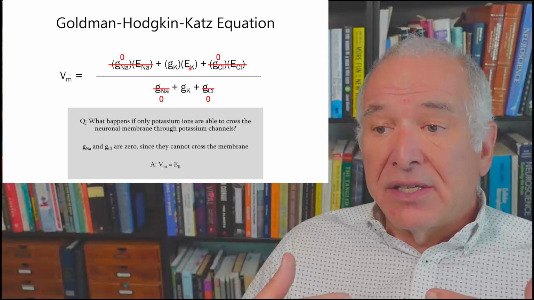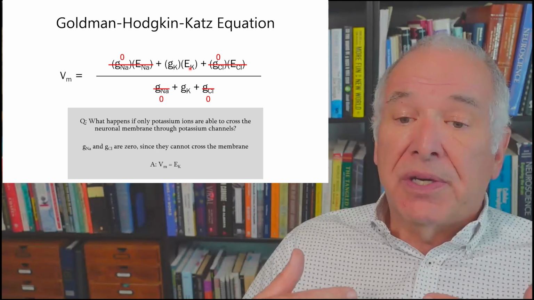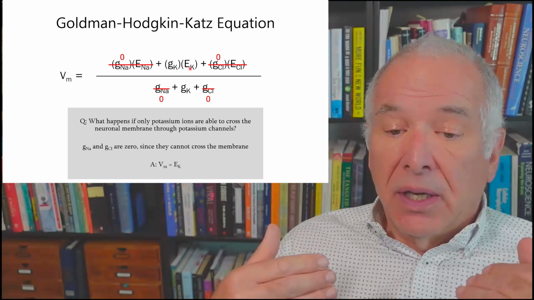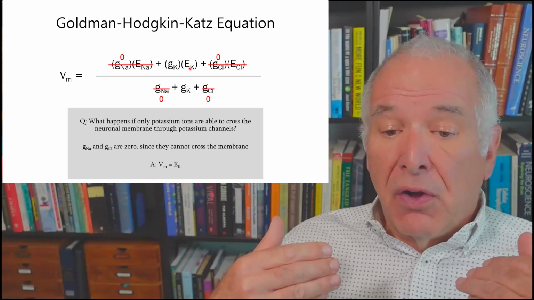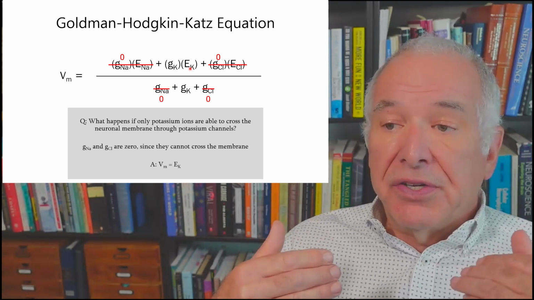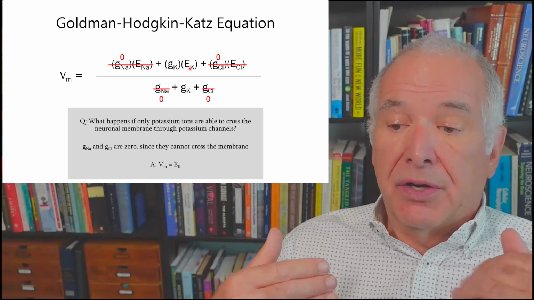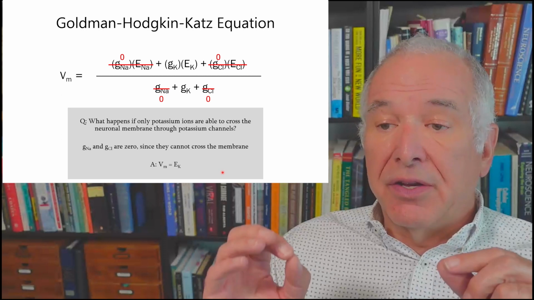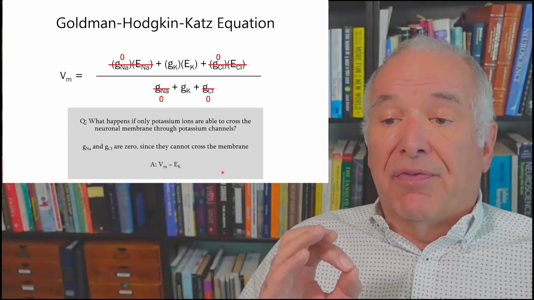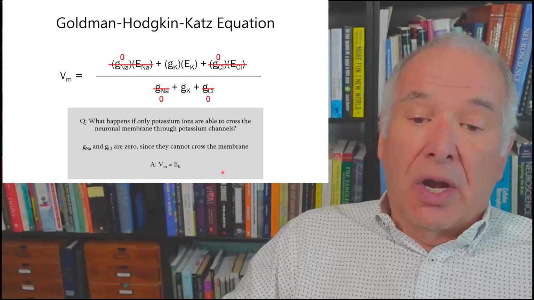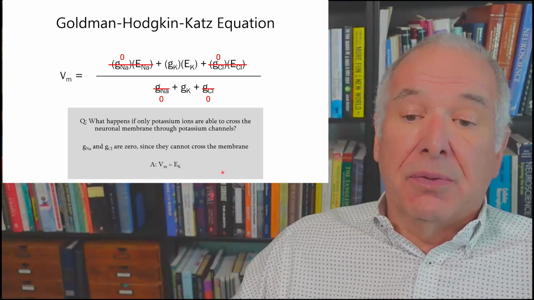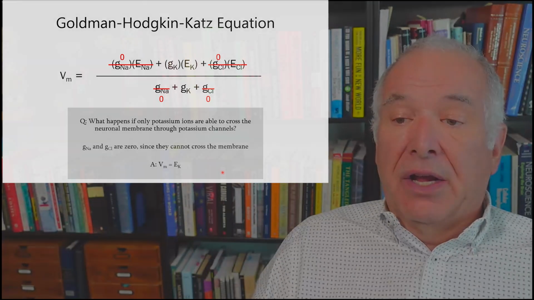And it makes sense that if the only thing that can move is potassium, that potassium reaches the potassium equilibrium, and so therefore the voltage on the membrane reaches the potassium equilibrium potential. So V_M equals E_K. That's what this simplifies to, and we're going to use that simplifying assumption as we look at the analysis of the resting potential and the analysis of the action potential that are coming up in the next two objectives.